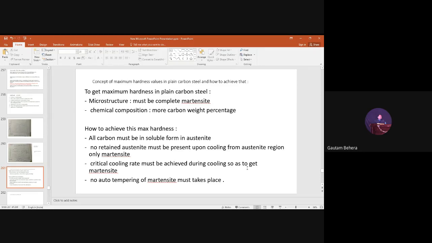There should be no retained austenite, because retained austenite is a soft and ductile phase. The cooling rate from the austenitizing temperature should be the critical cooling rate or higher, so that we get a martensitic microstructure. And all carbon should remain in solution in the austenite phase.